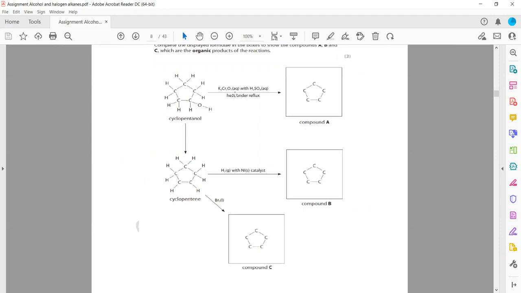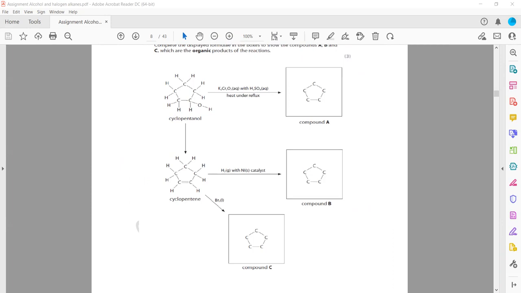So the alcohol is there, we reflux. So this is oxidation. Oxidation of alcohol will result in the formation of ketone. If it's a primary alcohol, it will oxidize to aldehyde, and then aldehyde oxidizes to carboxylic acid. But if it is a secondary alcohol, then it will oxidize to ketone, and tertiary alcohol cannot be oxidized.